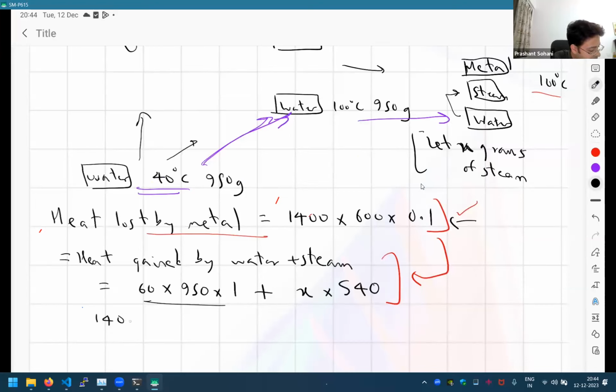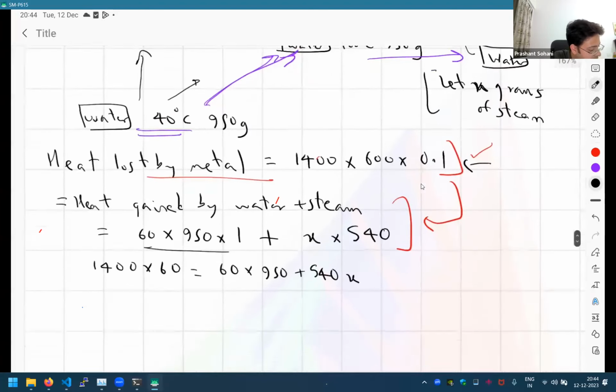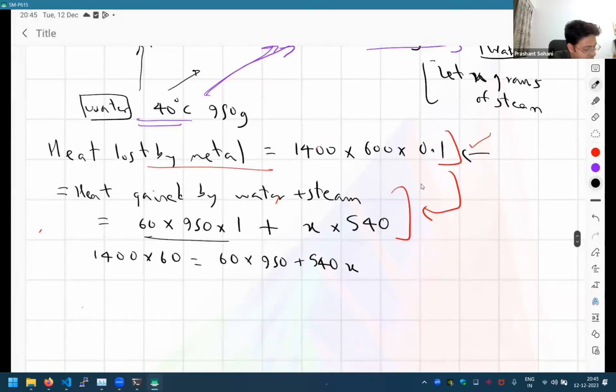Okay, so if we just equate this, 1400 into 60 is equal to 60 into 950 plus 540x. I think 60 will cancel from everywhere, and we are going to be left with 9x plus 950 is equal to 1400.